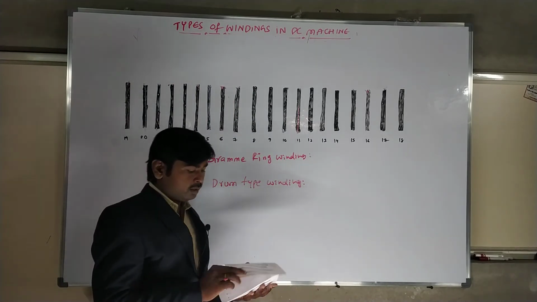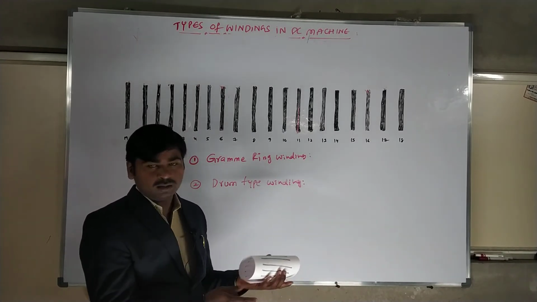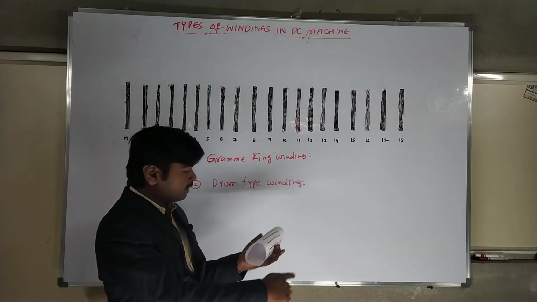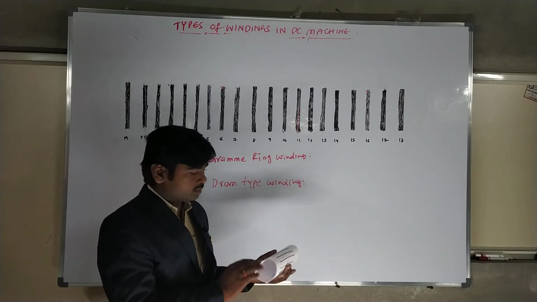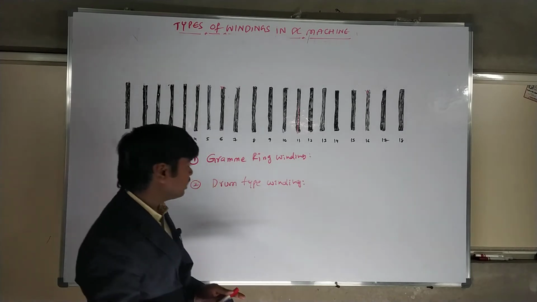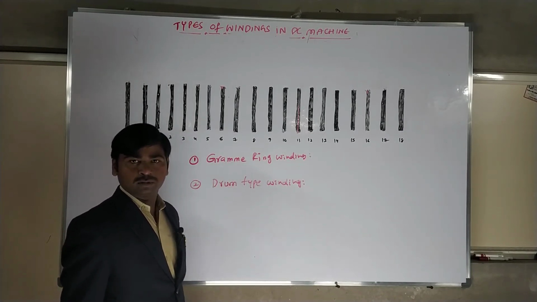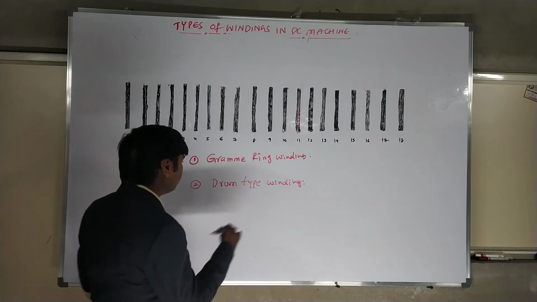In the drum type winding, there are two types of winding according to the way you give the winding connections. It is very clear: in the drum type winding, slots are only on the top side, not inside. Next, according to the way you make the connection, there are two well-known types of drum type winding.